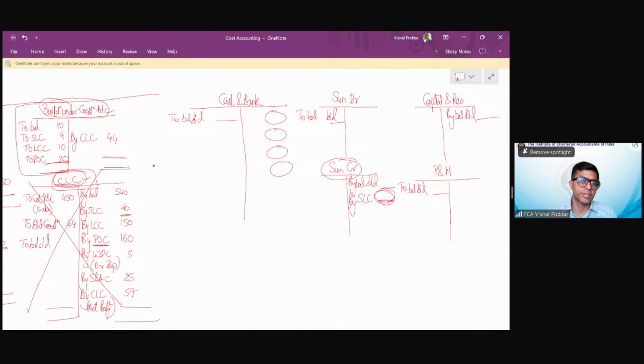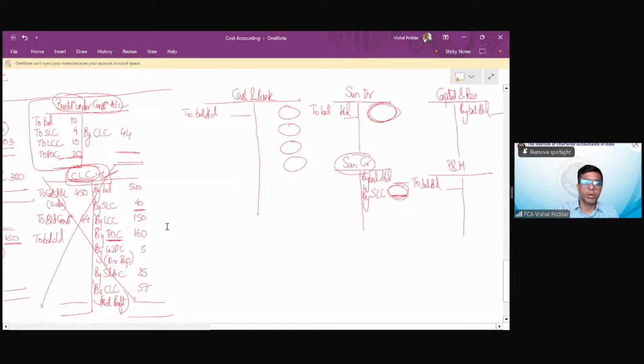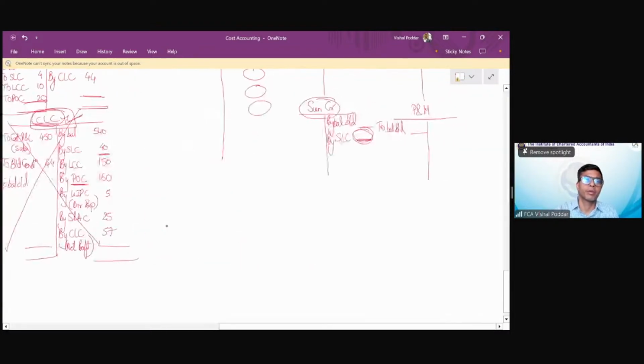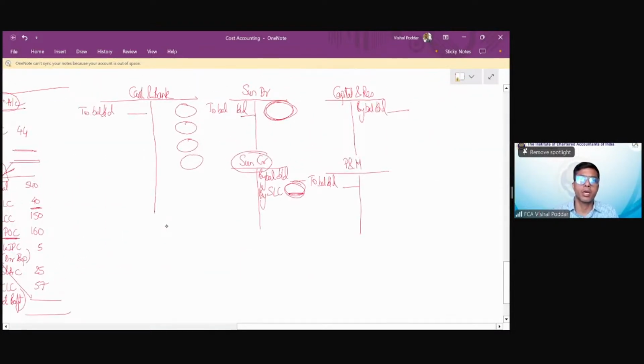For sales, we were now posting the sales to the CLC. Now the sales would be posted here. So the entry would be by sundry debtors. So cost P&L debit, debtors debit, cost P&L credit for sales. So the sales amount will come here from your cost P&L.